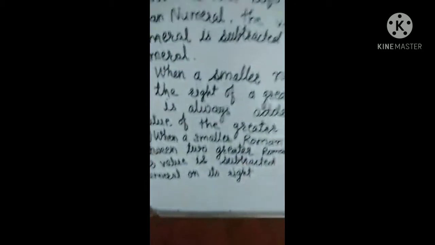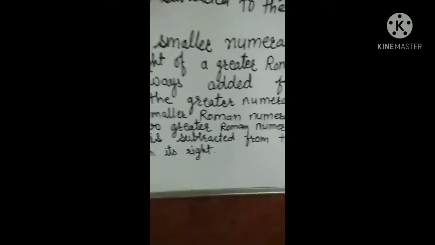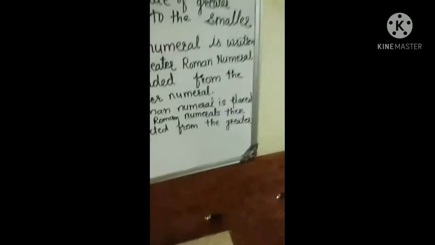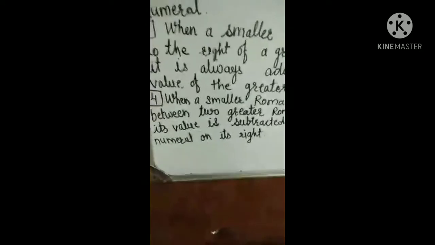When a smaller Roman numeral is placed between two greater Roman numerals, then its value is subtracted from the greater Roman numeral on its right. Now for this we have to continue for writing our Roman numerals.